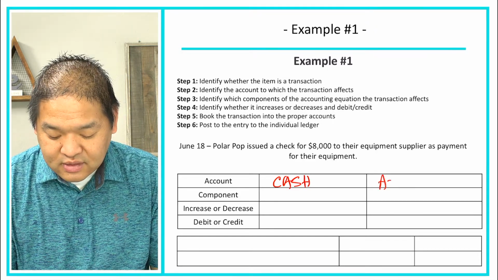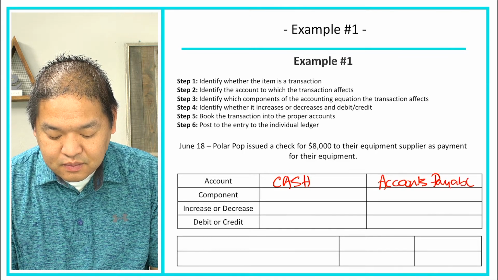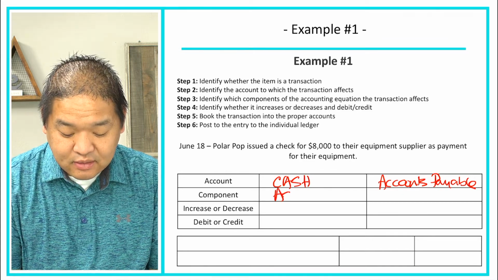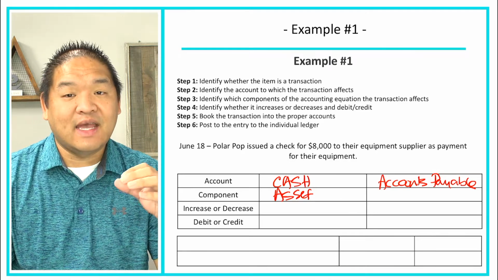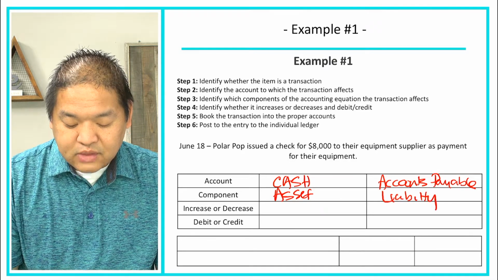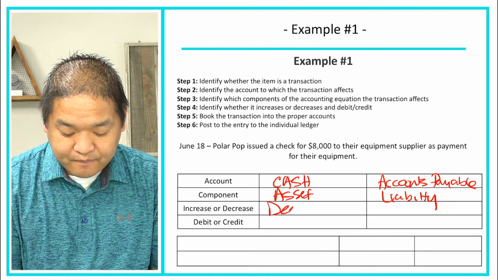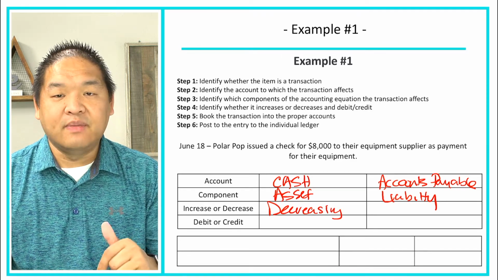So accounts payable. What component is cash? Cash is an asset. What about accounts payable? Accounts payable is a liability. What's happening to our cash? Well, if I'm paying, it's decreasing. What about accounts payable? It's a liability.